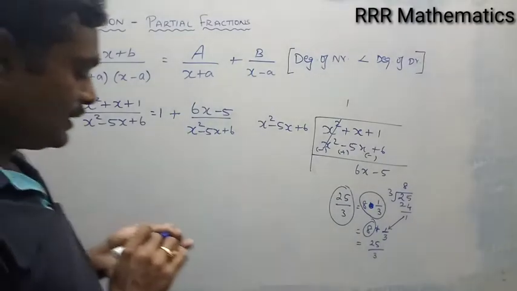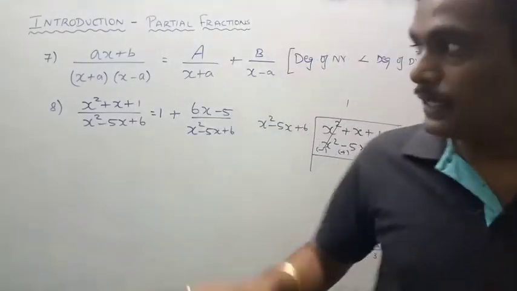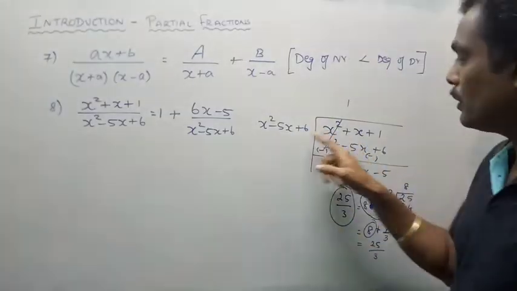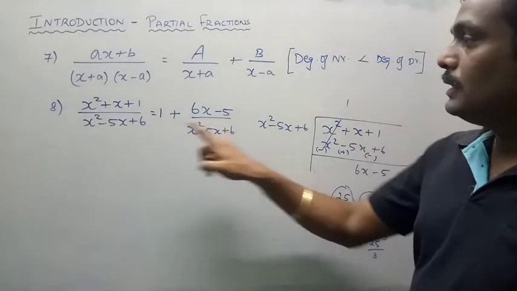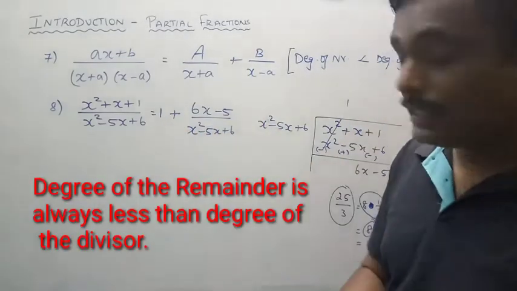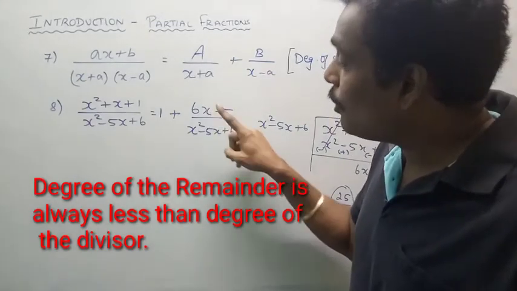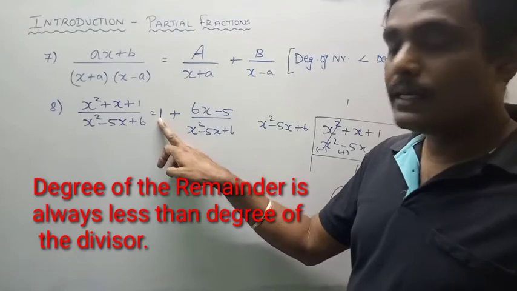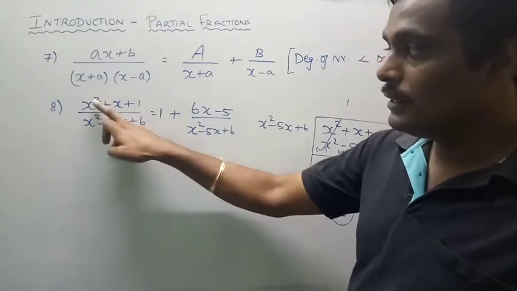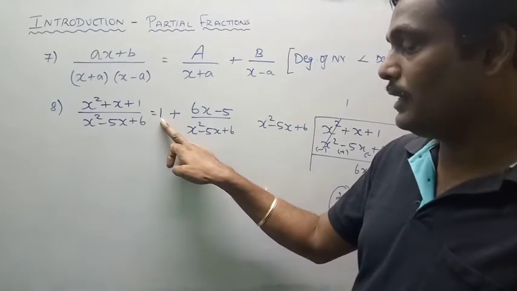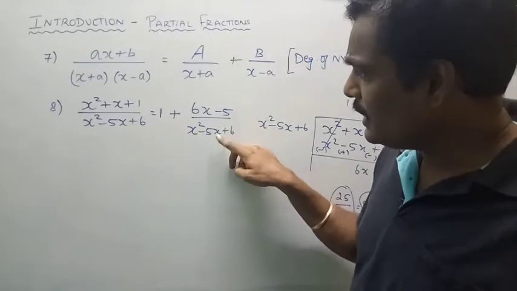So when you split like this, if the degree of the numerator and degree of the denominator are the same, you want to use a long division method, then you will get something like 1 plus this. In this case, strictly the degree of the numerator is always less than the denominator, because we divide. With the same degree, I will surely get some constant plus linear divided by quadratic.